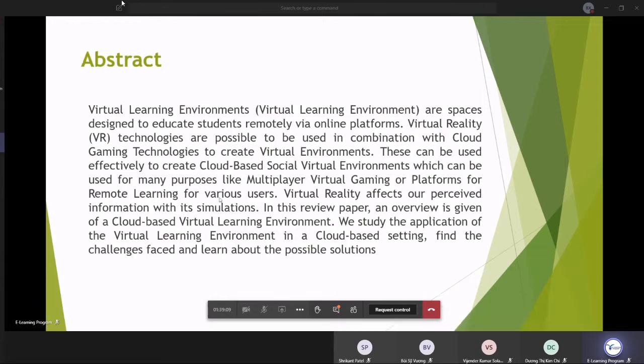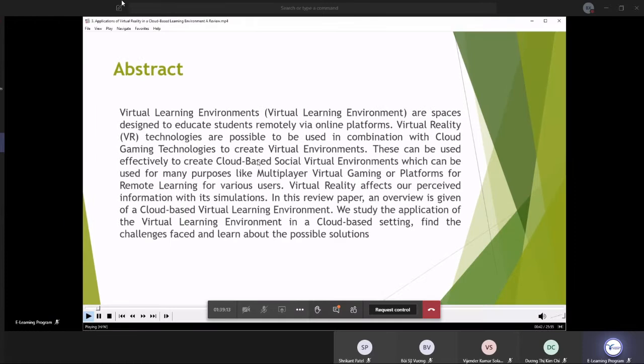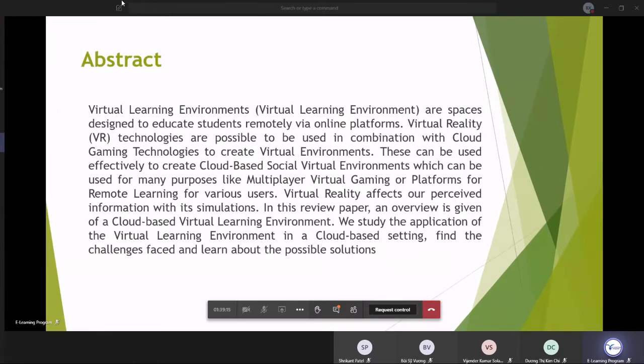Virtual learning environments can be defined as spaces that are designed to educate the students remotely via various online platforms. Virtual reality technologies can be used in combination with cloud gaming technologies to give rise to various virtual learning environments.